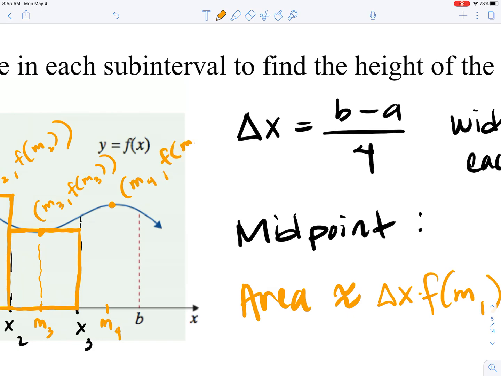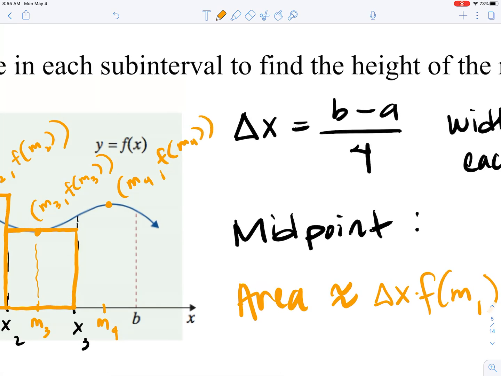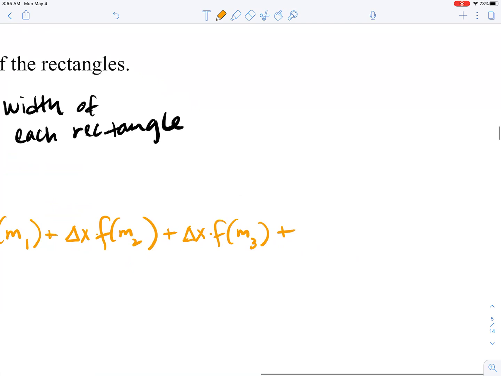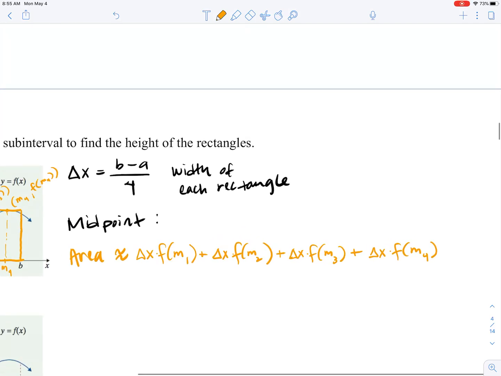And for the last rectangle, m sub 4 would be the midpoint. The point on the curve would be m sub 4 comma f of m sub 4. And the area of that last rectangle would be delta x times f of m sub 4.